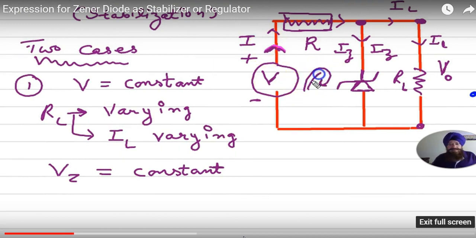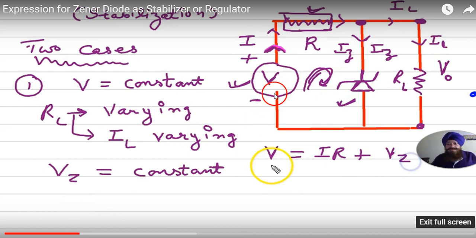So let me take this path and we write Kirchhoff's law. The voltage V, which is the supply voltage, builds up across the series resistor, IR, and this voltage builds up across the Zener.